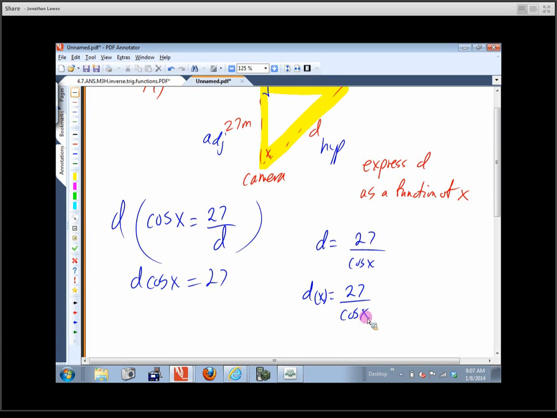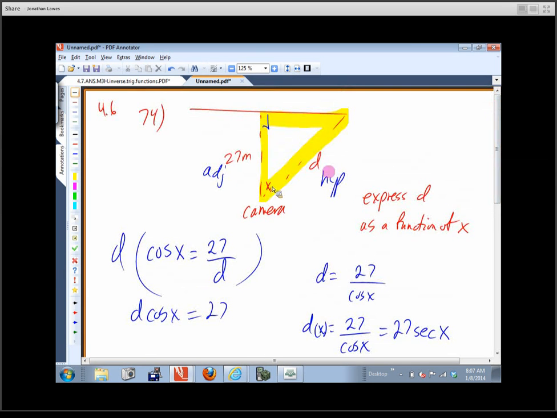Is there another way to write it? 27 secant of x. And it says in the problem, it wouldn't really make sense to turn this angle right here to make this angle get bigger than pi halves. Because as we turn to view it, as whatever's going by gets further and further away, this angle is going to get bigger and bigger and bigger.